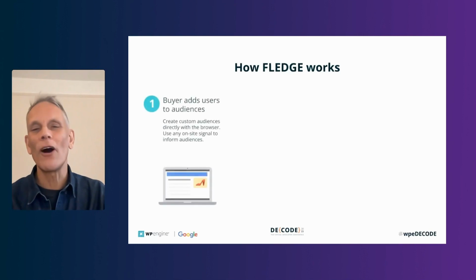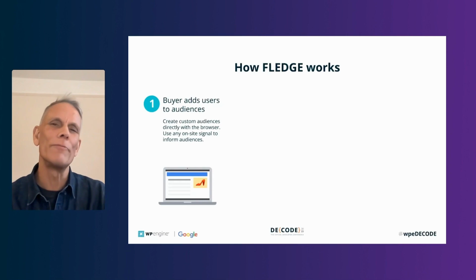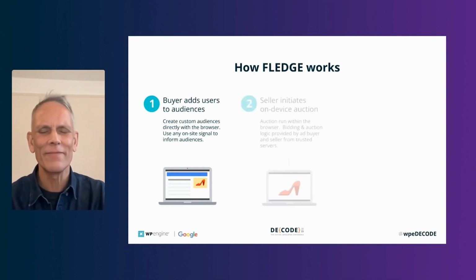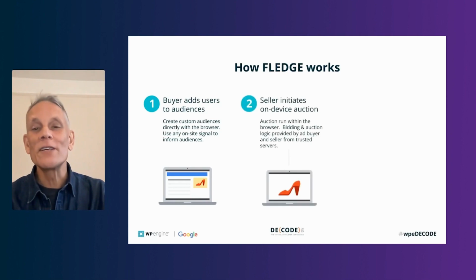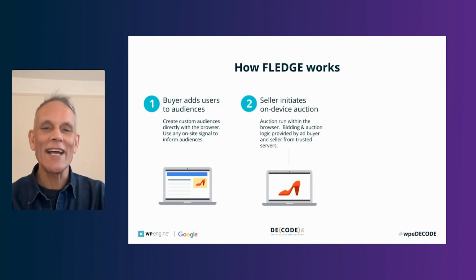First, the ad buyer adds users, or rather individual browsers really, to what are called interest groups. These are like custom audiences, but interest group membership is stored on the browser on the user's device. Now, at some point when a user visits a site that displays ads, such as a publisher site, an ad seller can initiate an ad auction to select an ad for them.